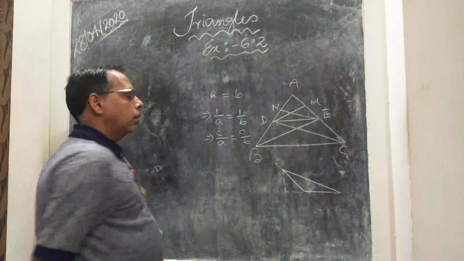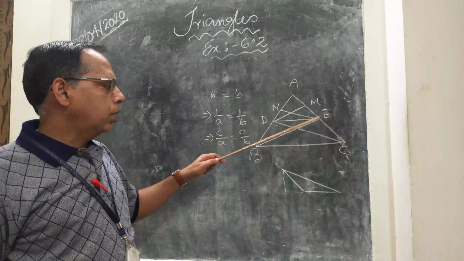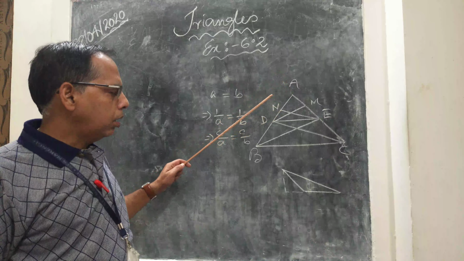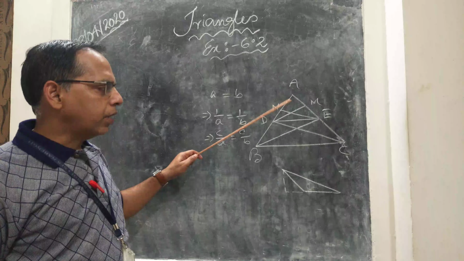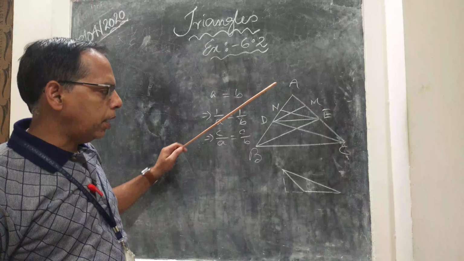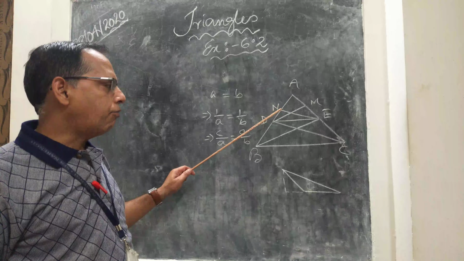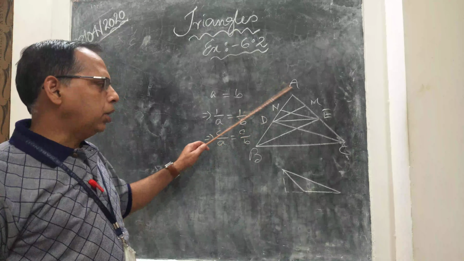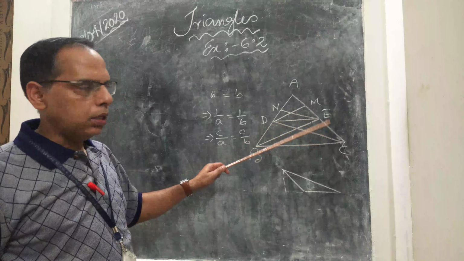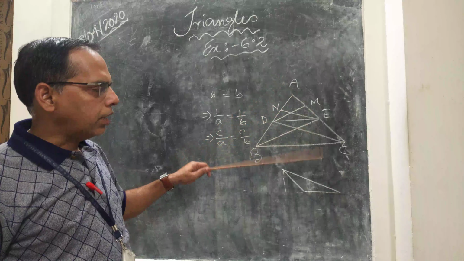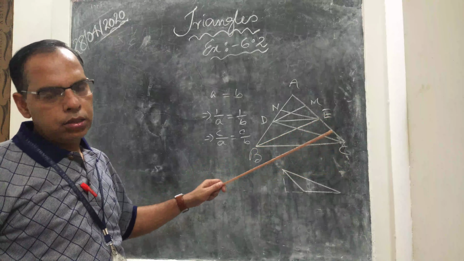So we get half into EN into AD divided by half into DB into EN. Half cancels, EN cancels, so AD by DB. And next, equal to half into DM into AE divided by half into DM into EC. Half cancels, DM cancels, so AE by EC. Okay, this is the one.